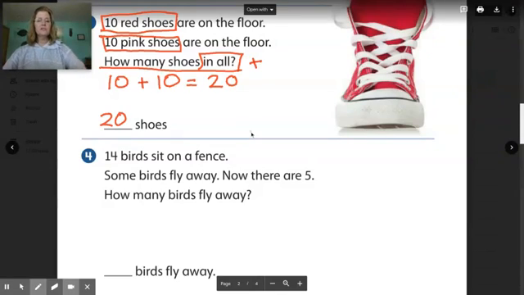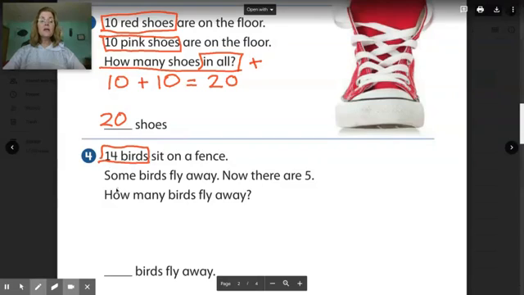Okay, here's some birds. 14 birds sit on a fence. Some birds fly away. Now there are 5. How many birds fly away? 14 birds sit on a fence.